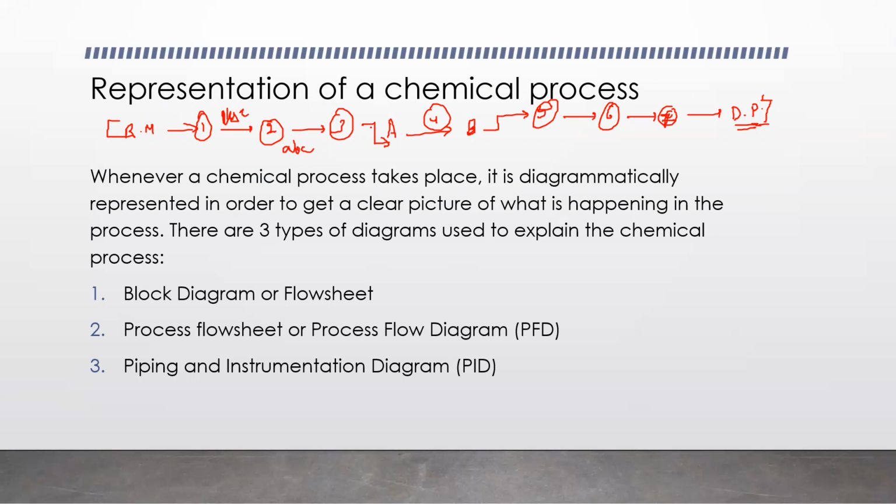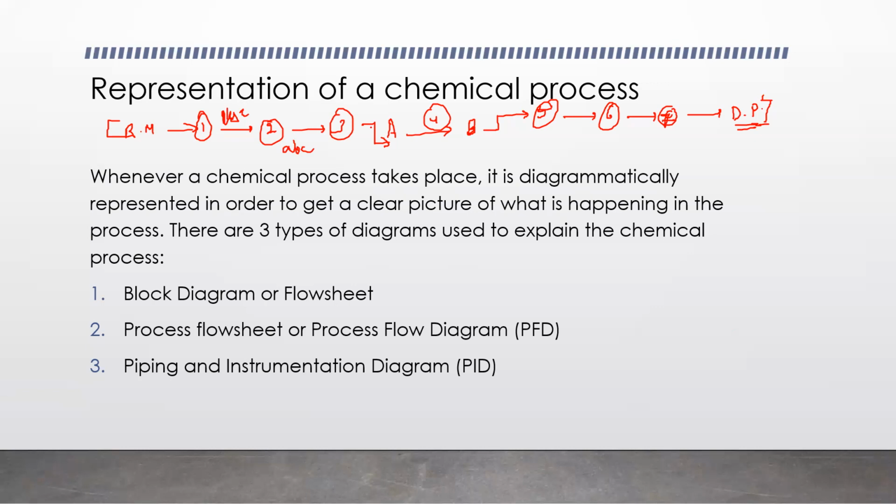We are not going to simply write down the description of this process, right? We need to represent it so that it's easier for the workers and for everybody visiting that particular industry to understand what processes are taking place. So in order to get a clear picture of what is happening in the process, we need to diagrammatically represent it. All right.